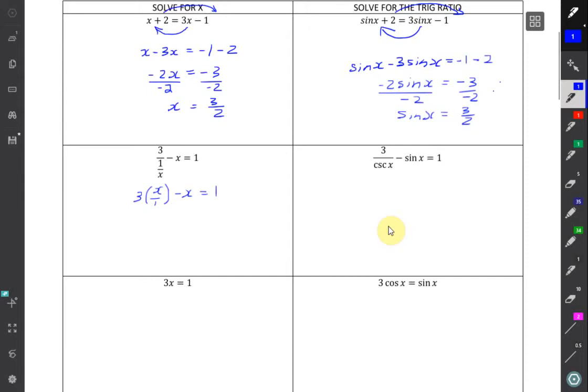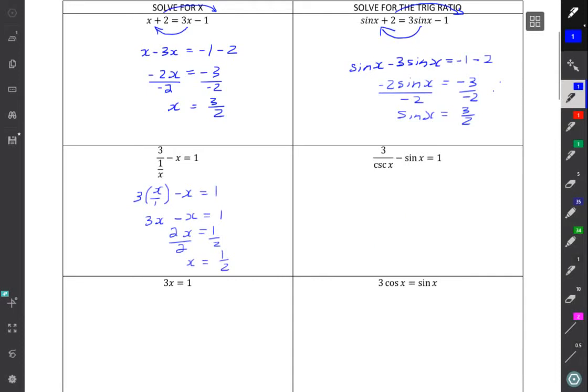Simplifying here, we end up with 3x, and we don't need the 1, as I said. Minus x equals 1. Now simplify both sides. 2x equals 1. Divide both sides by 2. And that leaves us with x equals 1/2.